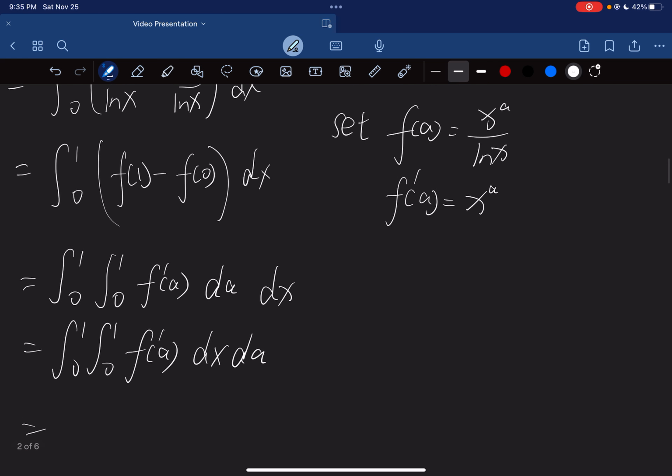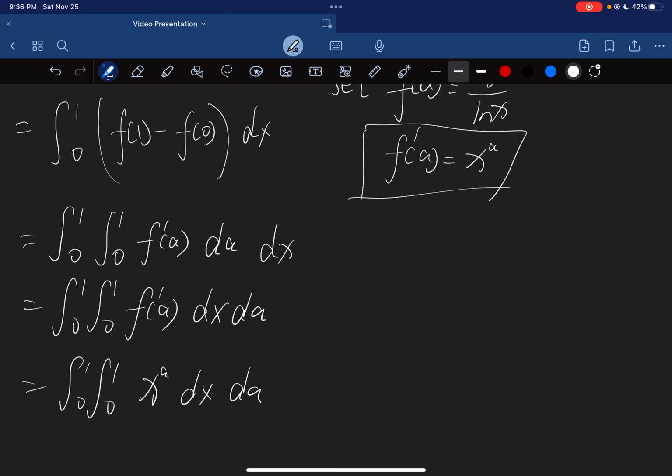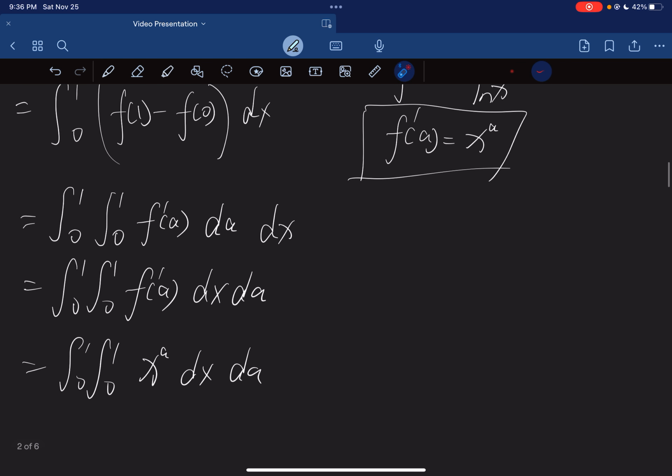And as we know, the derivative of function fa is x power of a. So, x power of a dx da. We're going to evaluate this equation first.